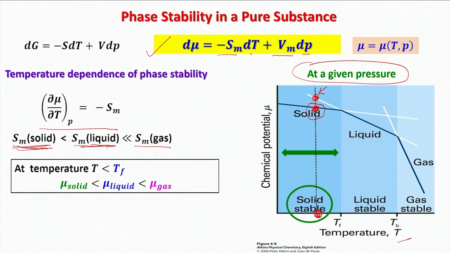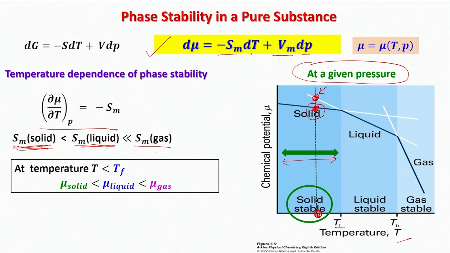Therefore, I can very easily understand by looking at this picture that if I am at temperatures less than this temperature Tf, that is, within this temperature range, I'm going to have the solid state as the most stable phase because it has the least value of chemical potential, or in other words, it has the least value of the molar Gibbs free energy.